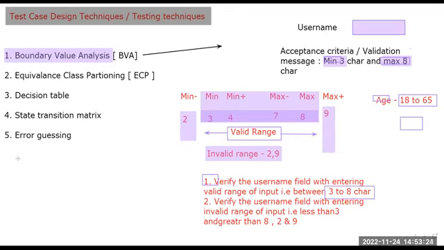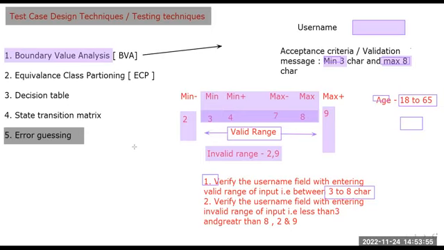Sir, in a real-time example, can you please tell me the real-time example of this state transition matrix? A real-time example means when do I use this. When we are having this kind of requirement, an if else condition, if you give this, then it will navigate here, else it should navigate to this screen. If you do the payment, then it will throw a successful message.